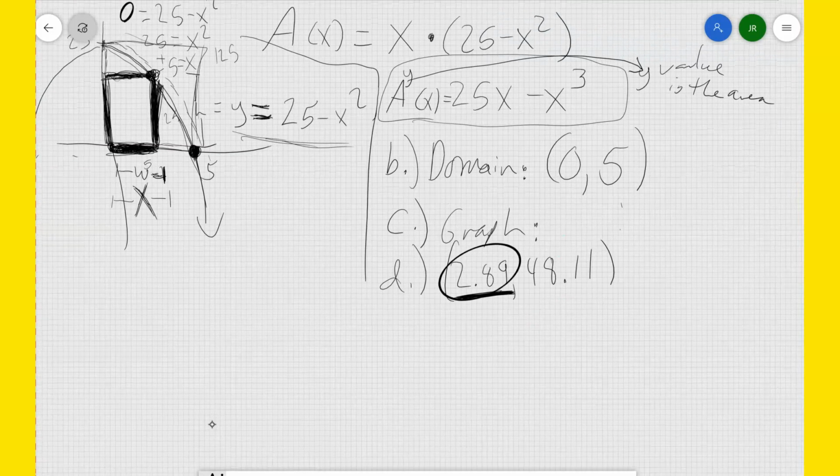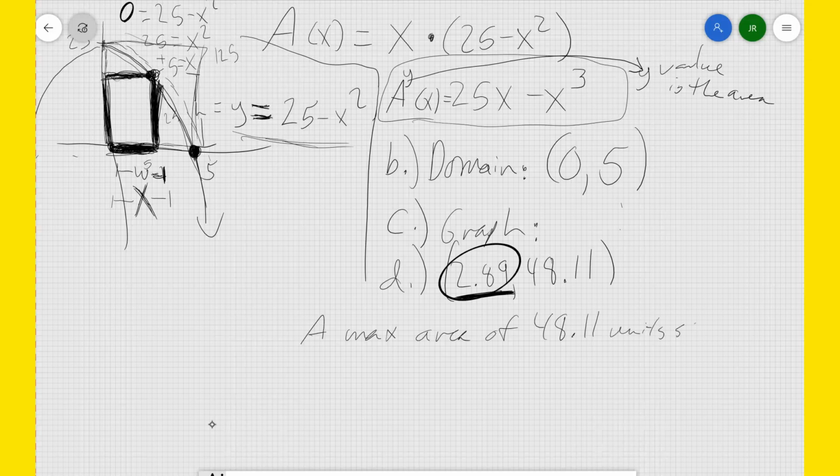To be thorough, I would like to say a maximum area of 48.11 units squared is achieved when x is 2.89.